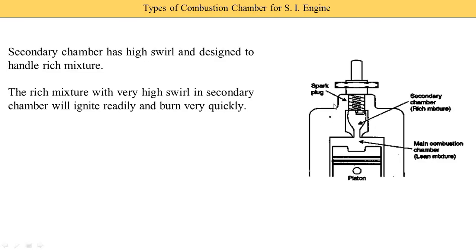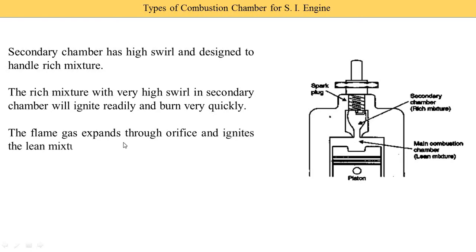So in this region the charge is burned very quickly, and it is known as the secondary region. The flame gas expands through the orifice, means whatever combustion gases expand through this orifice ignite the lean mixture in the main chamber. So this is the main chamber, and these gases ignite the mixture available in the main combustion chamber.